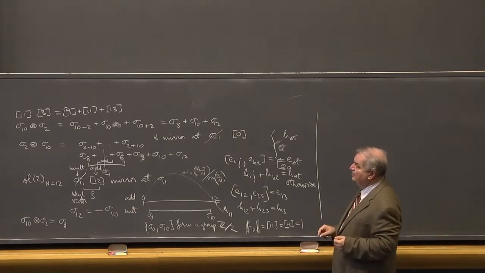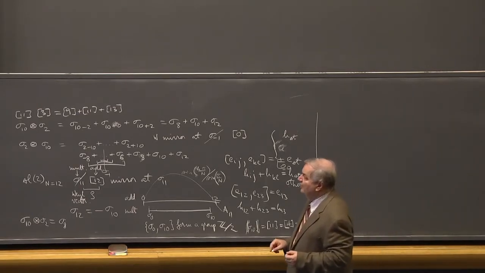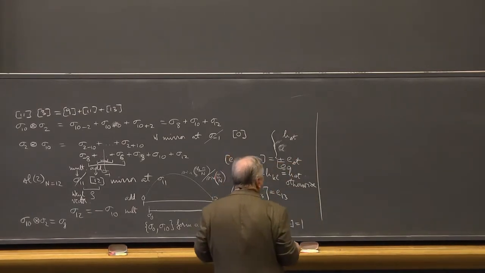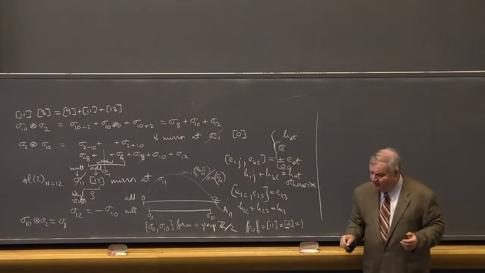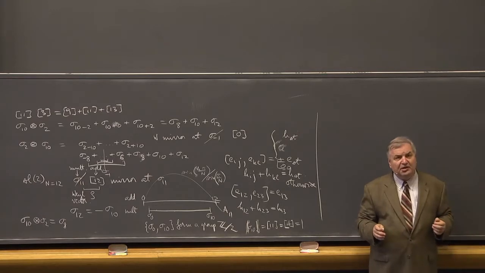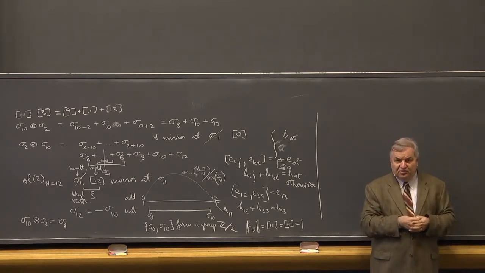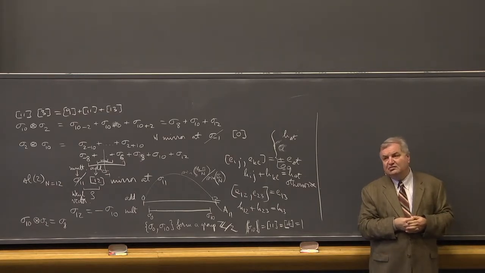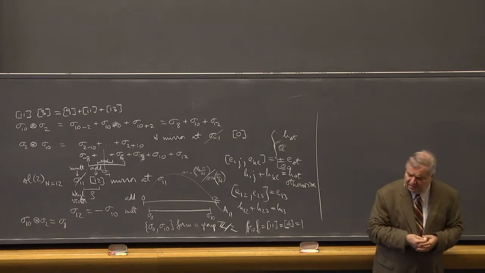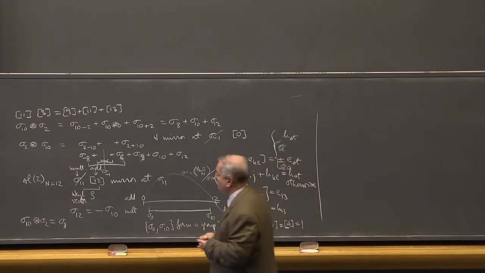So this is how we tensor. And with this, let me spend another minute mentioning the history of this. As you see, in principle, finding the multiplicities, there are different formulae.